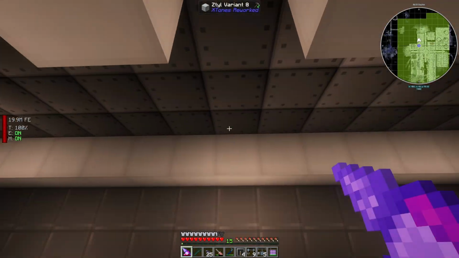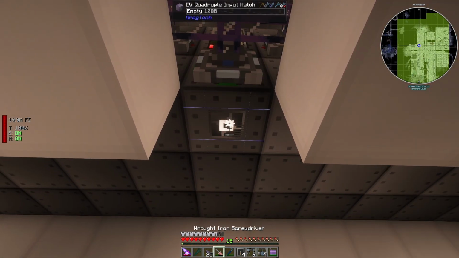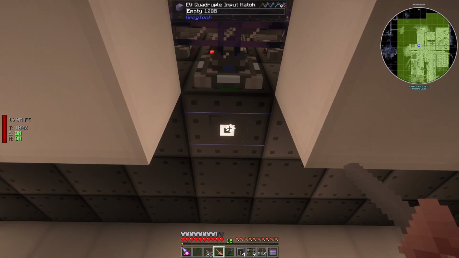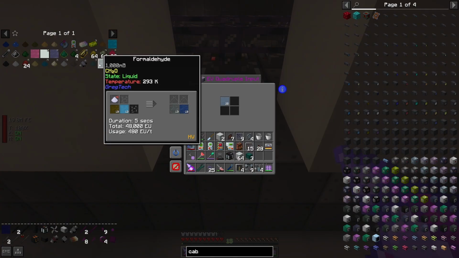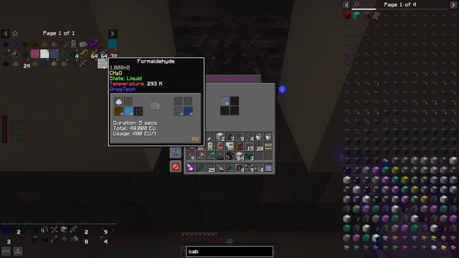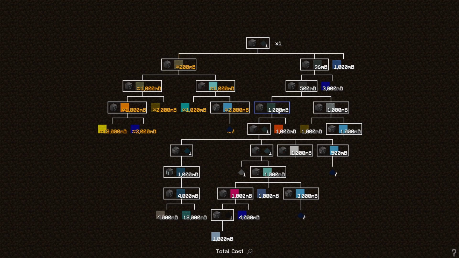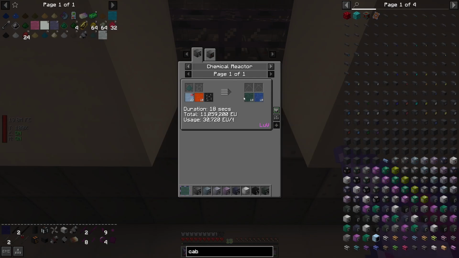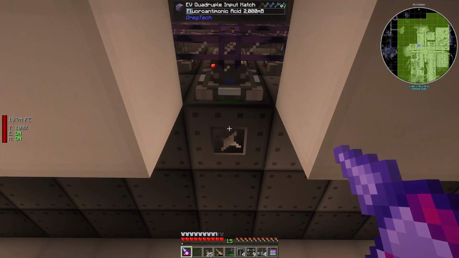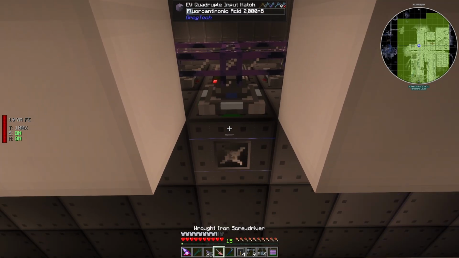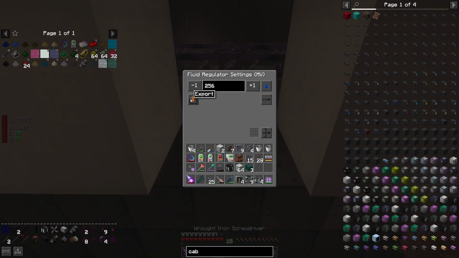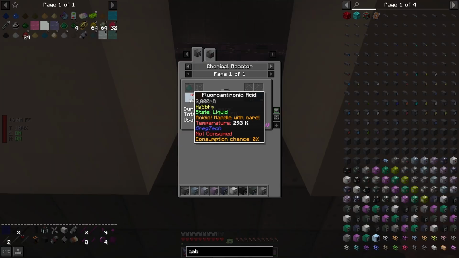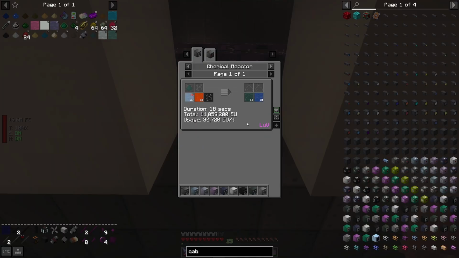And then we need to break down into here. Import. So already we need to put in fluoroantimonic. Give me a second here. Okay. And I put it in the wrong spot again. Basically it's just the ethanol.